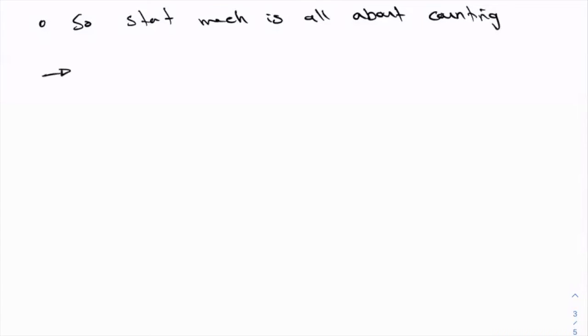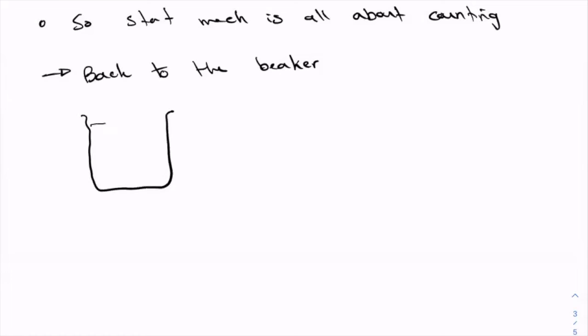Okay, let's go back to that beaker, our glass of water. And let's now actually do a calculation to see how this postulate plays out and helps us understand this phenomenon of diffusion. Let's draw our glass, fill it with water, and now let's try to do a specific calculation.